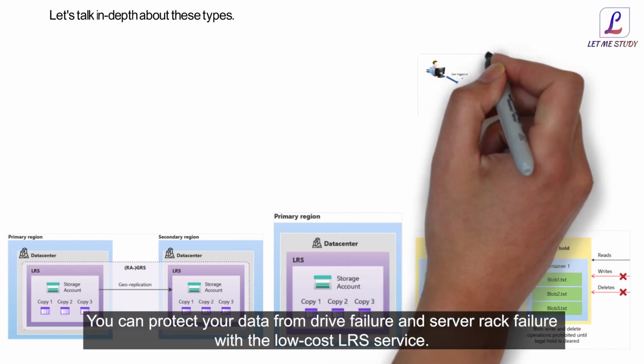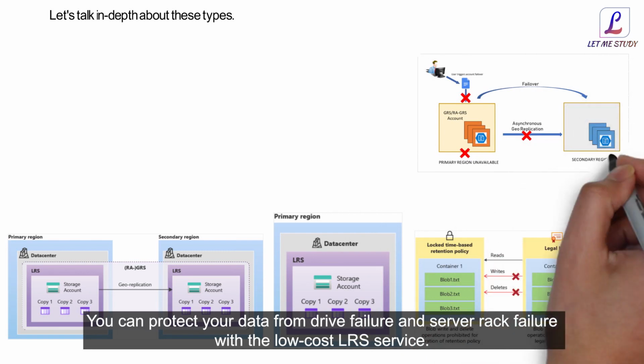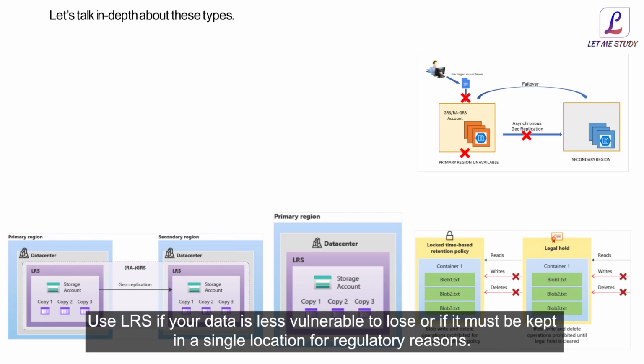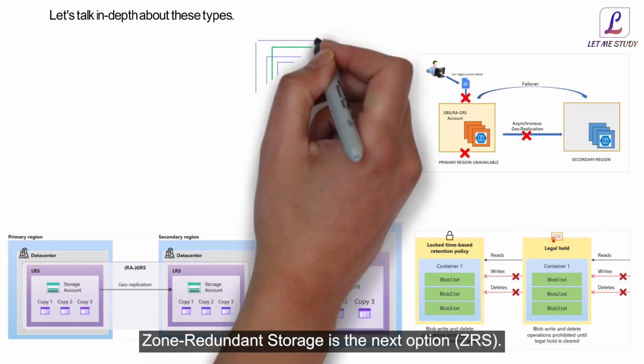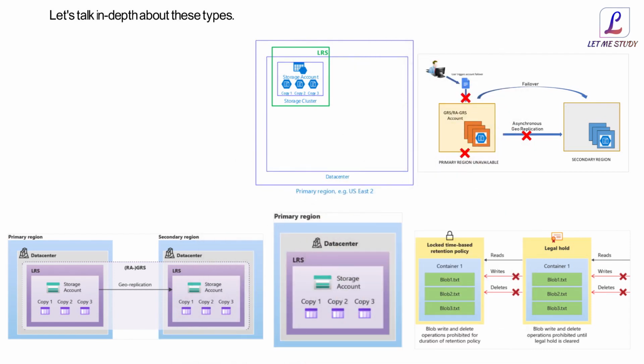You can protect your data from drive failure and server rack failure with the low-cost LRS service, though not all data loss scenarios are covered by LRS. Use LRS if your data is less vulnerable to loss or if it must be kept in a single location for regulatory reasons.